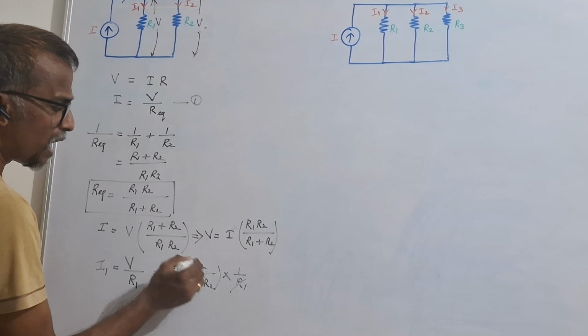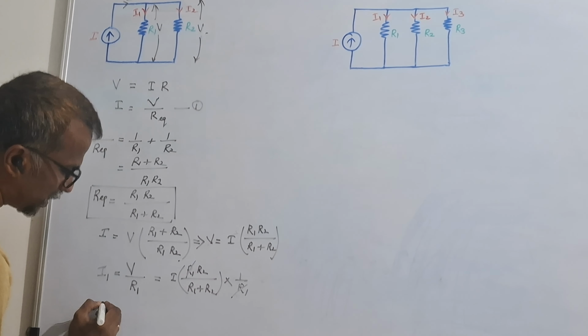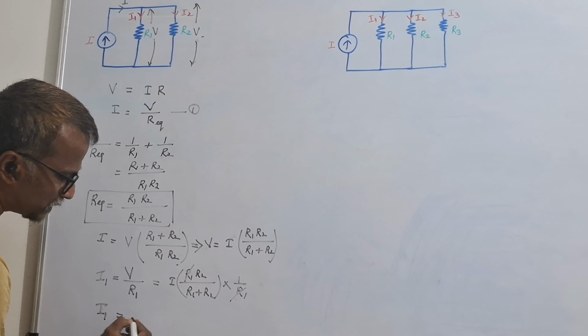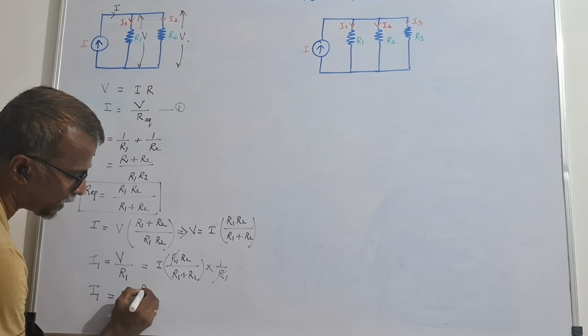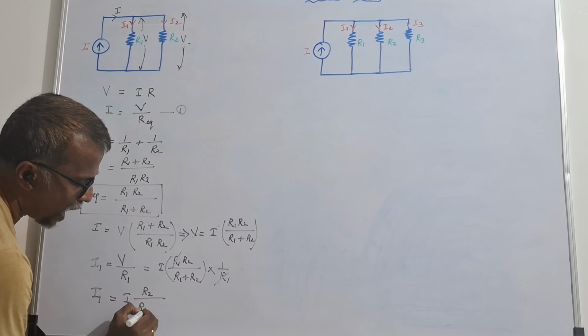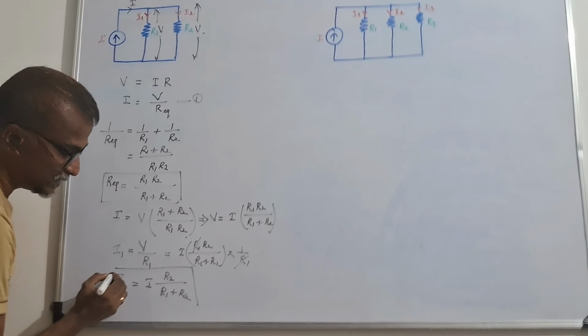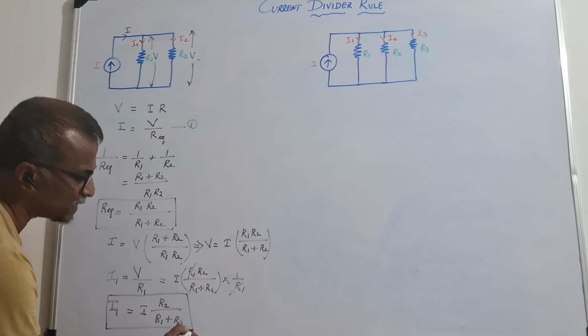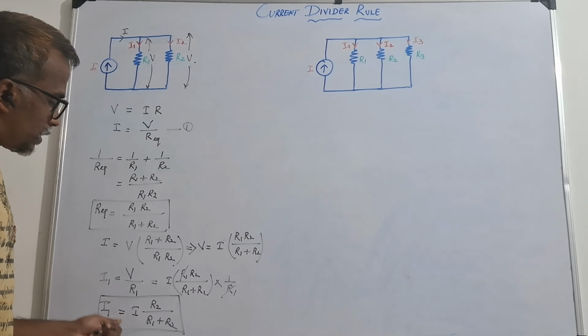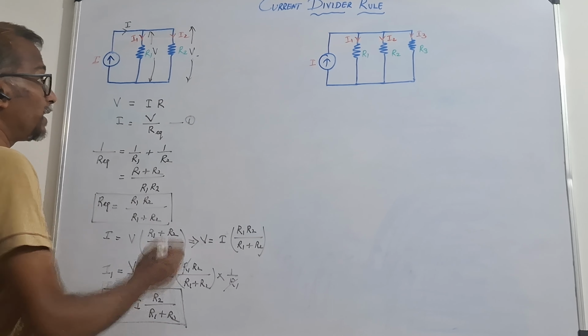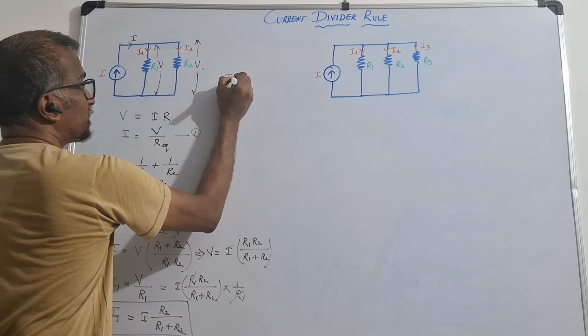So R1 will cancel. Therefore I1 is equal to I into R2 divided by R1 plus R2. This is the current flowing through the resistance R1.